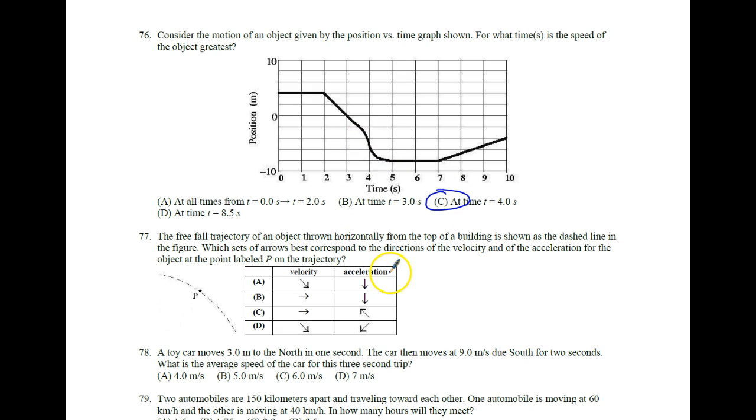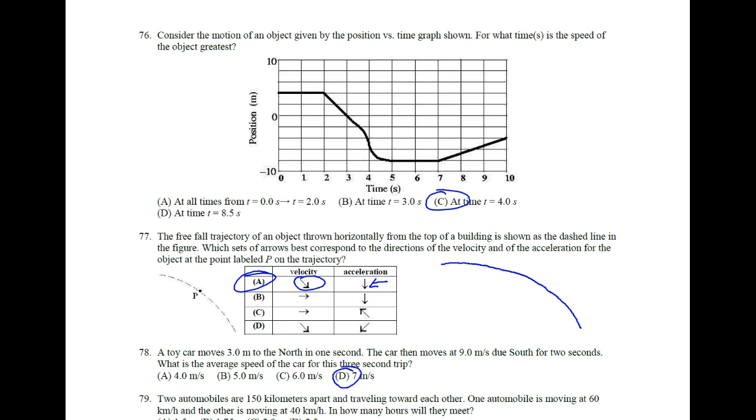For number 77, your answer should be letter A. Your acceleration should be pointing down, and because that thing has a trajectory, it goes like this, so our velocity has got to be like that. Number 78, average speed, remember, is total distance over total time, so this one should be letter D.